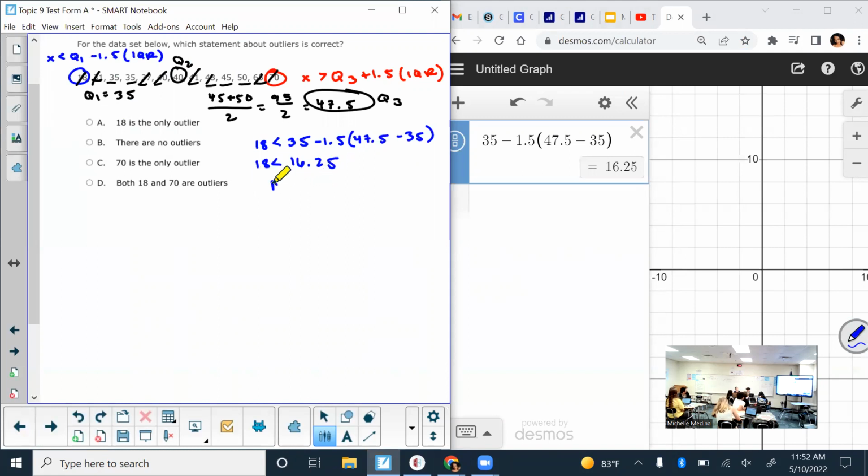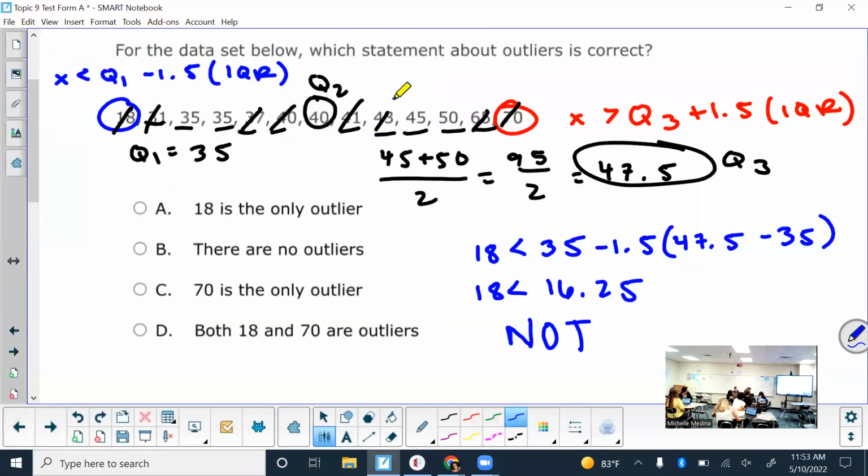No. So is it or is it not an outlier? It's not an outlier. When it's not true, it's not an outlier. So 18, the number would have to be smaller than 16.25 to be an outlier. So we can cancel out A as an answer and D as an answer because 18 is definitely not an outlier. Make sense?